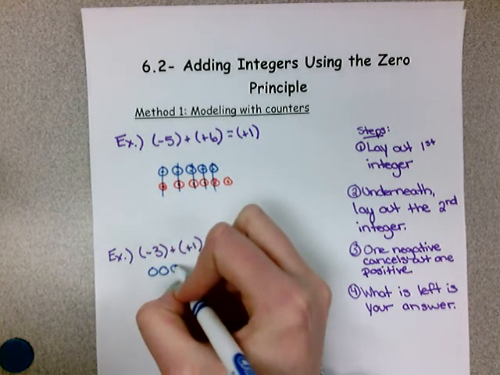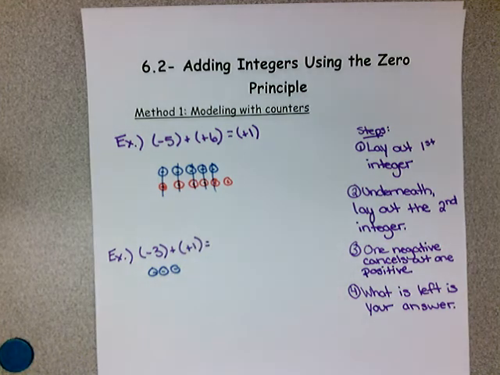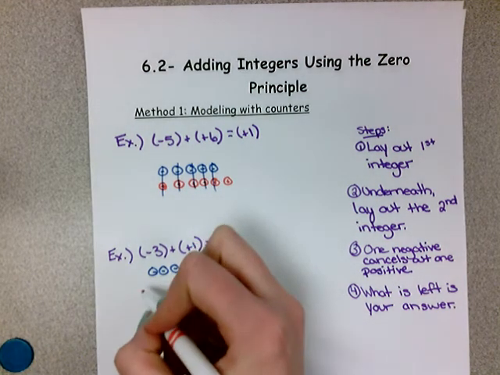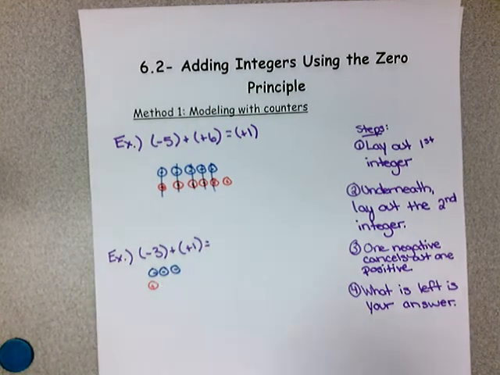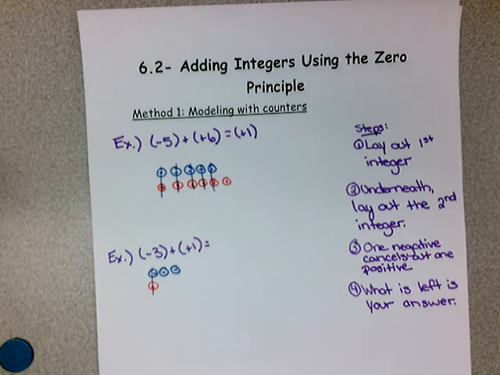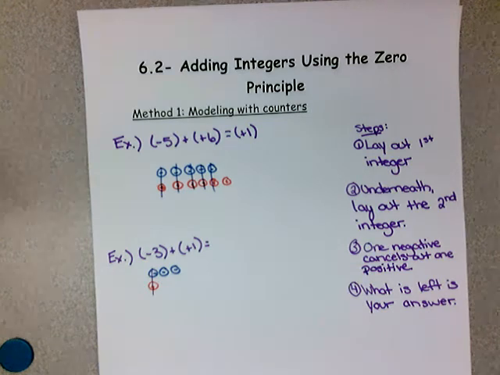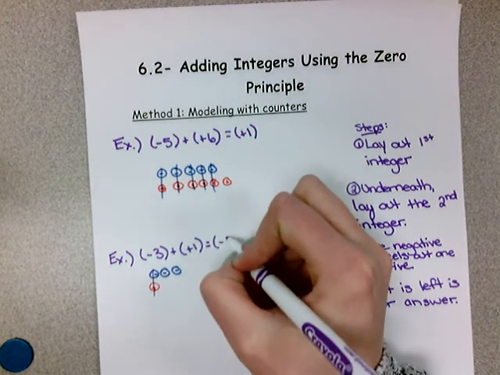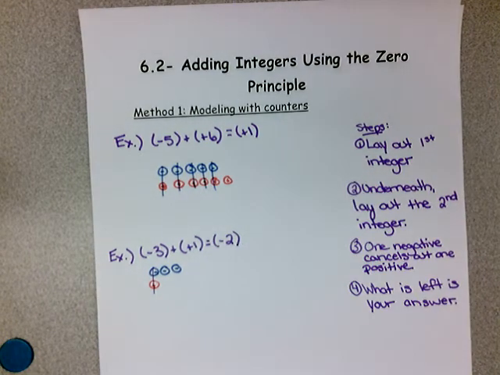We have 3 negative counters. We add in 1 positive. Then we see we have a zero principle here that we can cancel out, and what we're left with is 2 negatives. So our answer would be -2. And to make your work nice and neat, I want to see those brackets around your integer numbers.